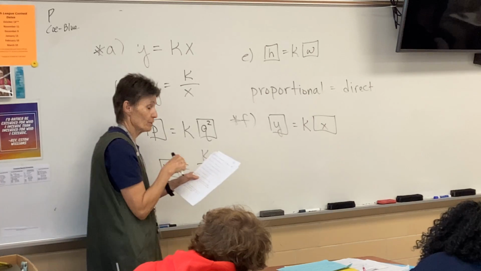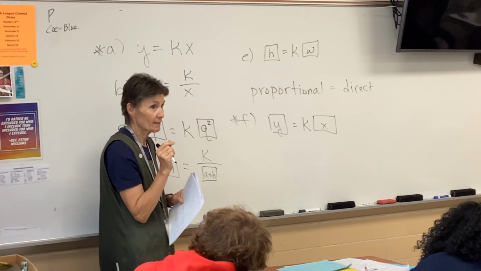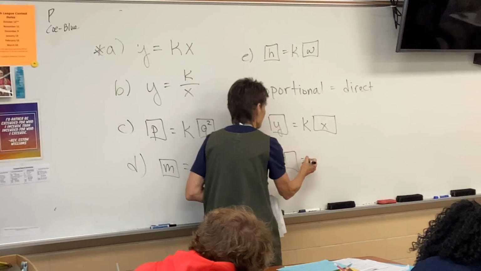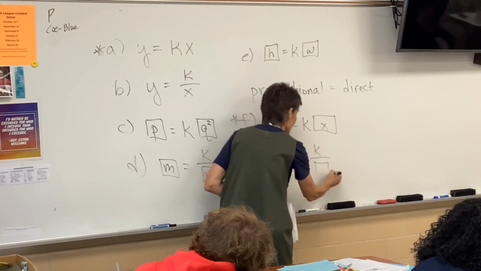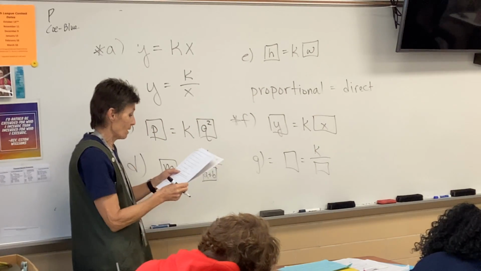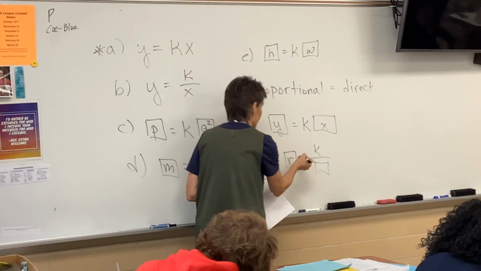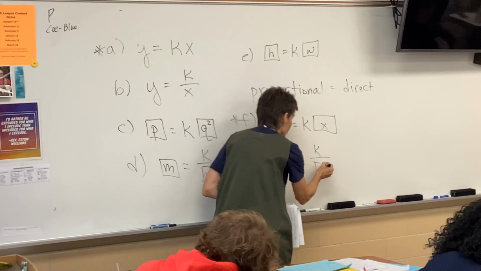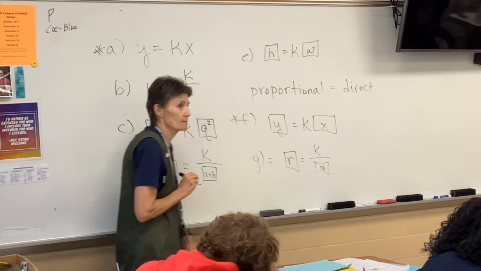And then, look at G, see the word inversely in there? So what does that mean? Something equals k over something. So what do we got? Rate, I'll just use R, is inversely proportional to distance.